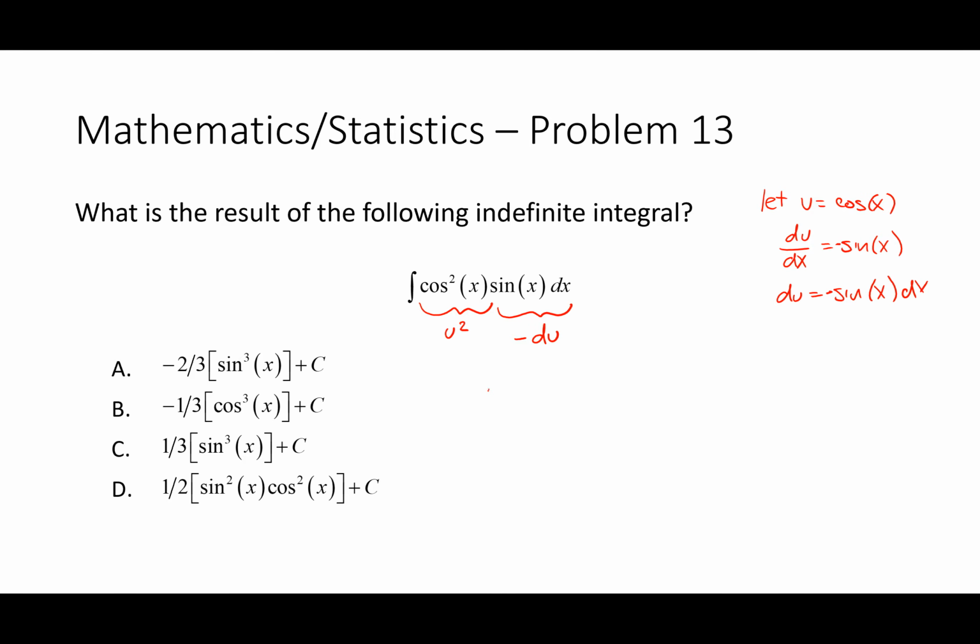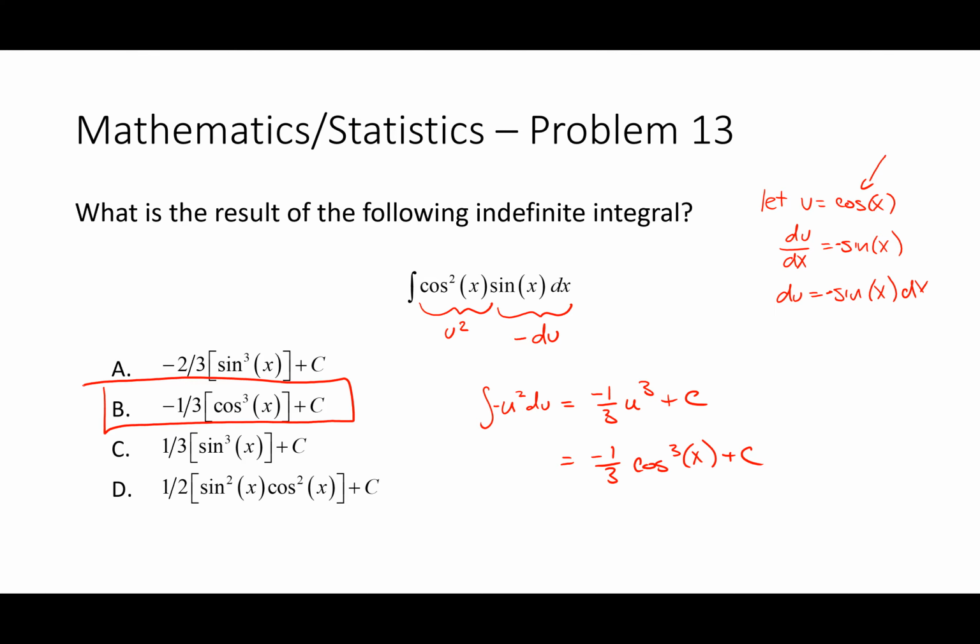So this is the integral of negative u squared du, which is negative 1/3 u cubed plus c. And u was cosine. Pretty straightforward. Don't let these problems scare you. They're not as bad as you'd think.